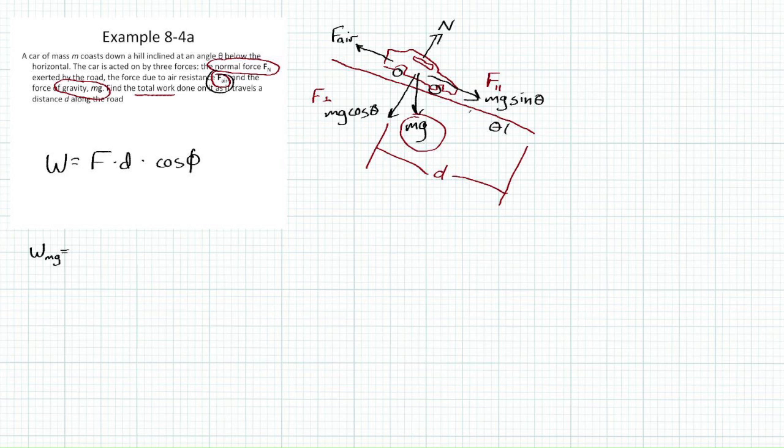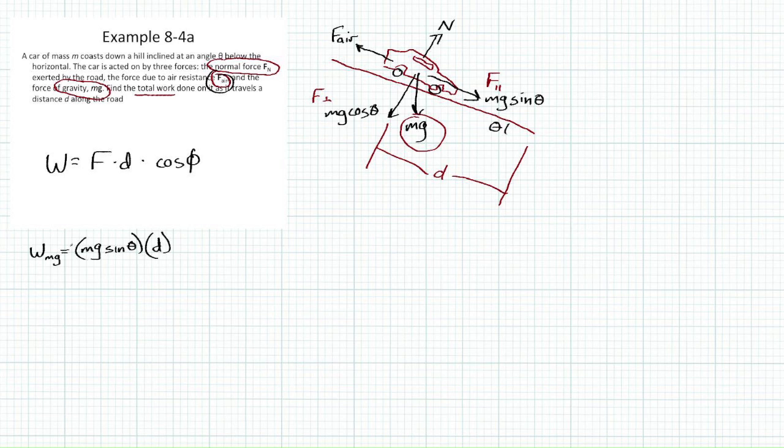So the work done by gravity would be mg sine theta, that's our downhill force, times d, our displacement. That would be the work done by the downhill component of our weight.